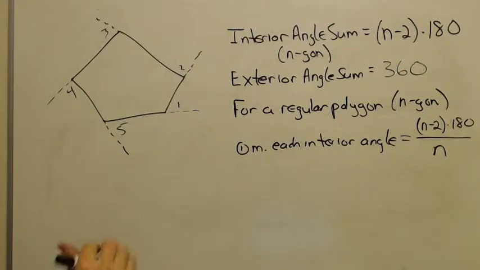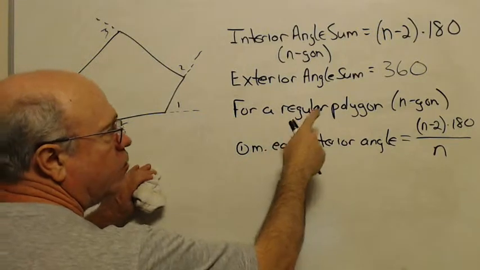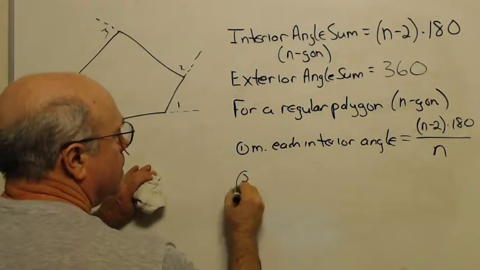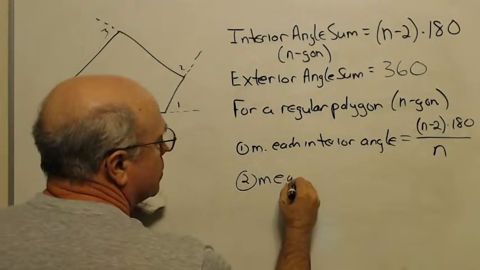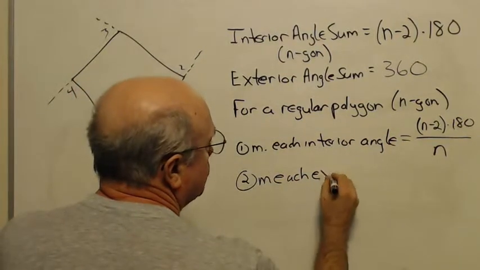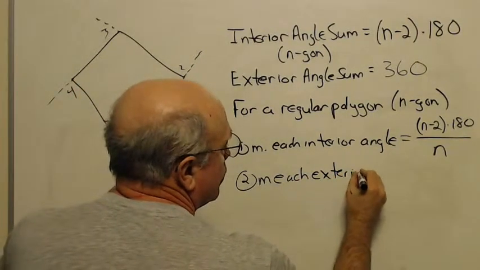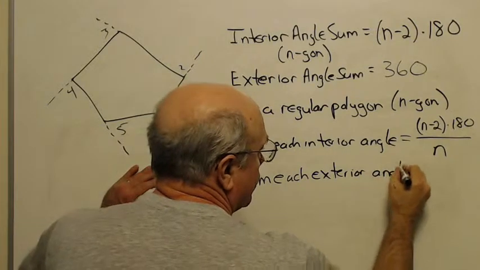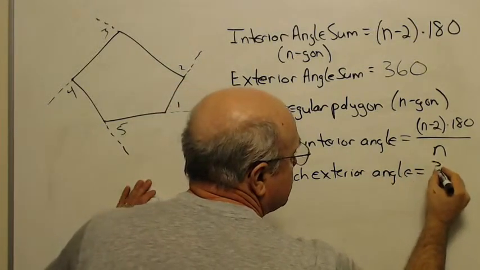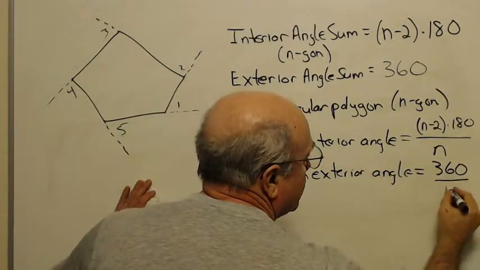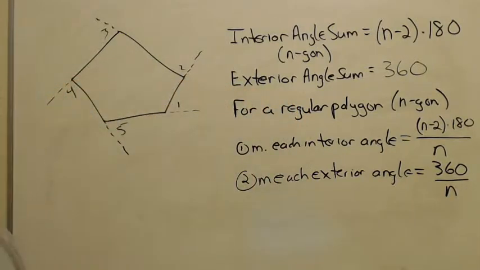That means that for a regular polygon, a regular n-gon, the measure of each exterior angle is just 360 divided by the number of sides, which also equals the number of angles. Really easy formula to use.